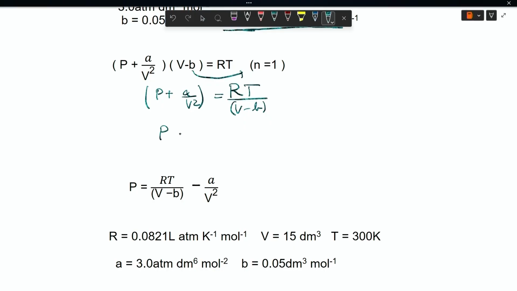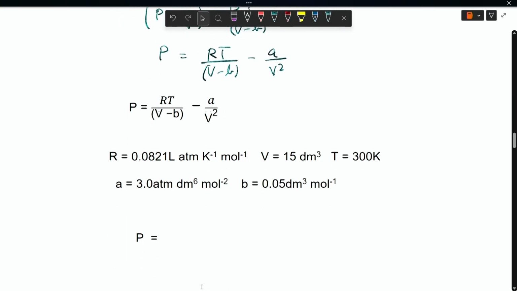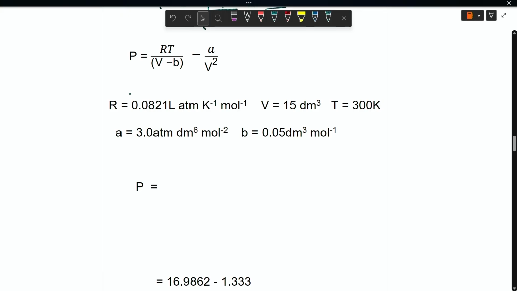We do not take n here because it is given that it is 1 mole of a gas. So, I have taken the van der Waals equation for 1 mole itself without n, then P will be equal to RT by V minus b, taking this to the other side, a by V². Okay. Now, we have the expression for pressure.